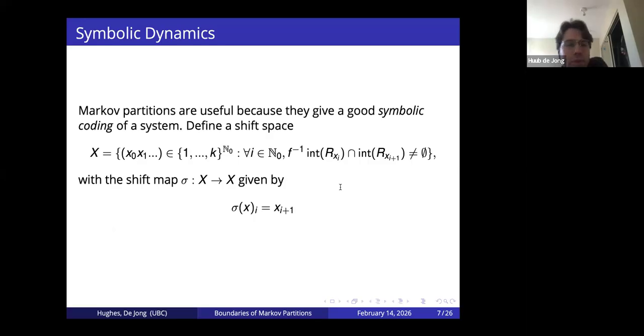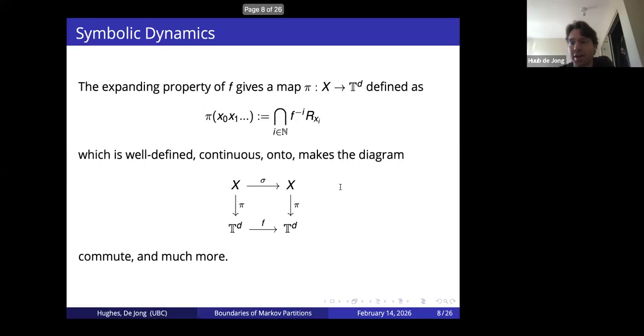And then the reason we care about Markov partitions is that they give a symbolic coding of a system. All you need to know here is that it gives a covering map from a space of sequences where the entries in the sequence correspond to a rectangle, and this map is good in many different ways.